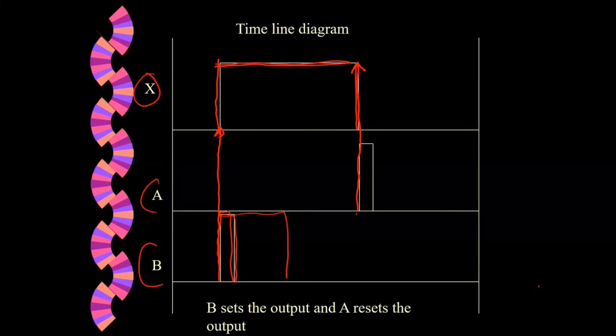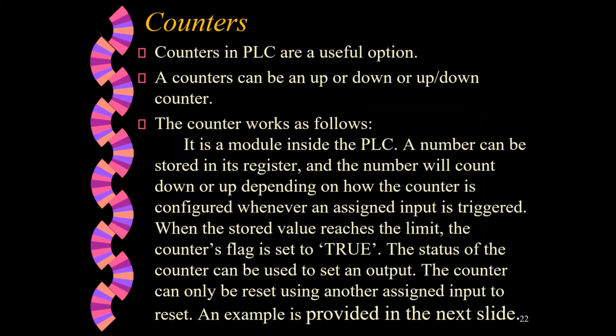And if it goes down, this line can be repeated, but if it keeps going, you cannot get X going at all. The A must be down. Not the triggering input, the latching input must go down. Okay, so that's the way the latches work, and that's the timeline diagram.